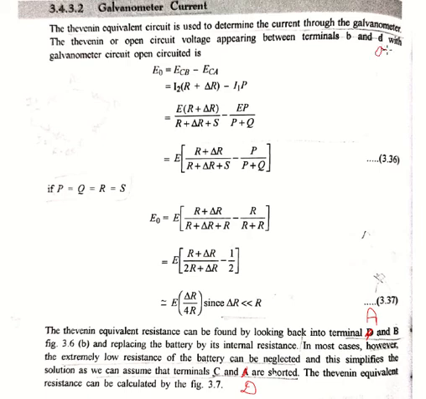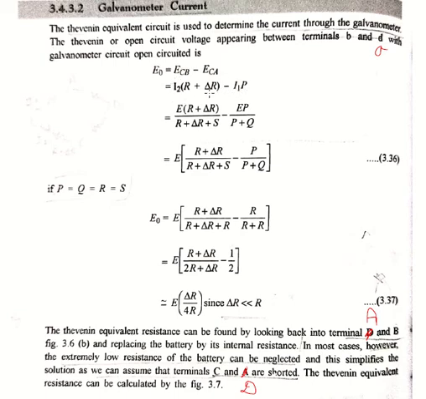We will be finding our current, open circuit voltage appearing across terminal B and A with the galvanometer circuit open circuited. So our E naught is equal to ECB minus ECA, where ECB is your current I2 multiplied by R plus delta R, minus I1P.